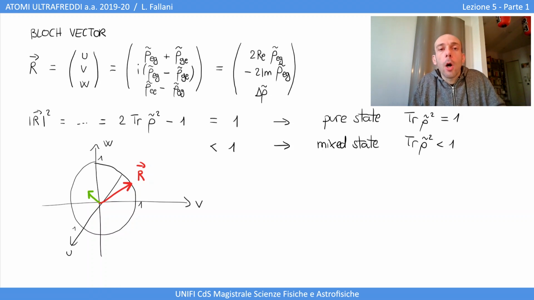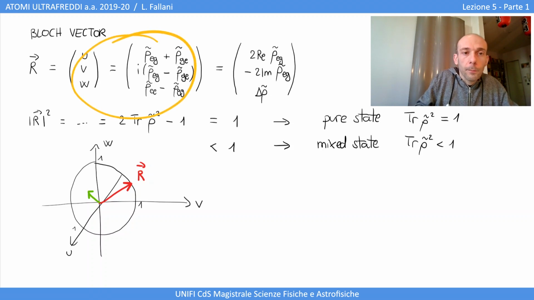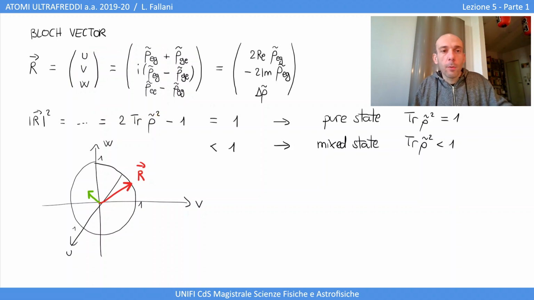So you take the optical Bloch equations, which are equations for the coherences and populations of the density matrix, and you perform a change of variable that is given by the definition of the elements of a Bloch vector. And so, as a consequence, you have some equations for u, v, and w. And so I will write them.